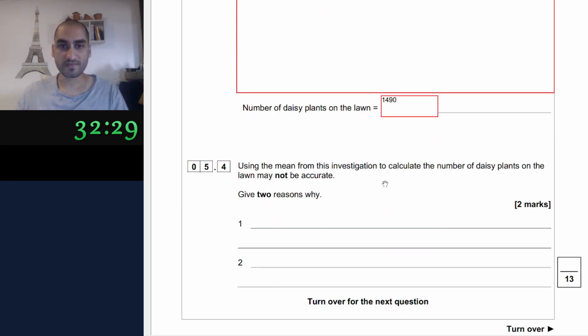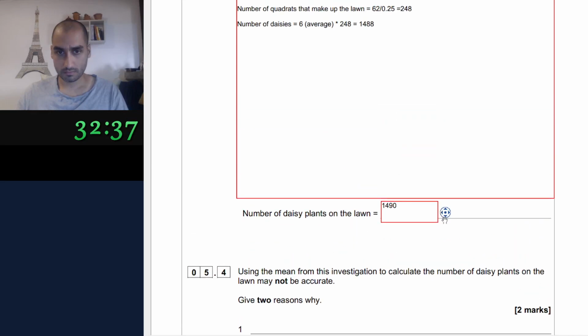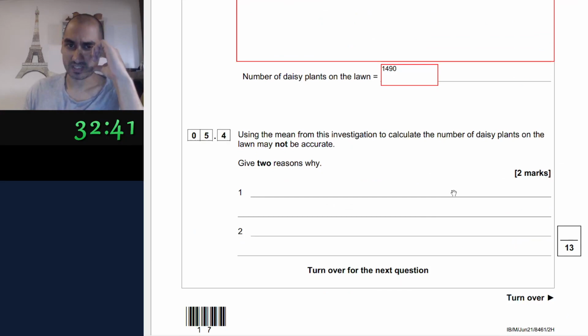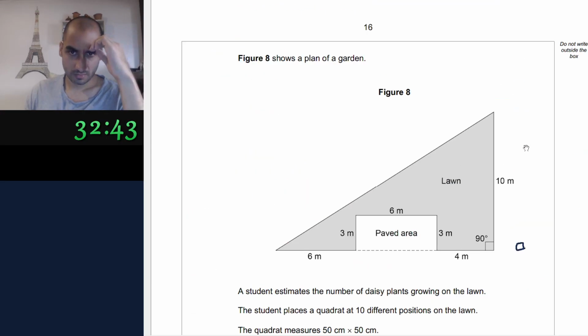Using the mean from this investigation to calculate the number of daisy plants in the lawn may not be accurate. Give 2 reasons why. What do they mean?